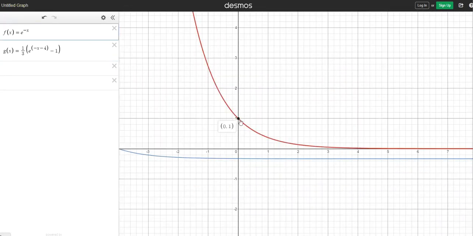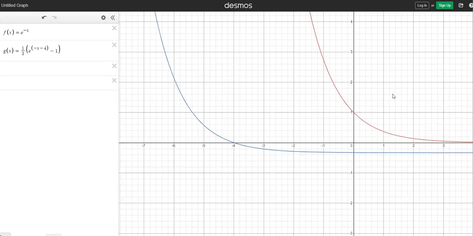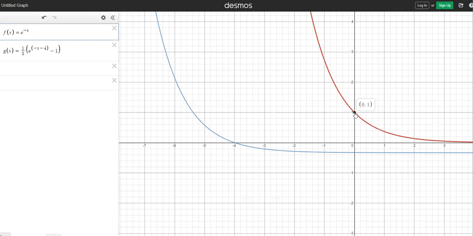I've got the point 0, 1. What happened on this 0, 1? The first thing I did was shift it to the right or to the left by, no, not to the. Did I goof up here?